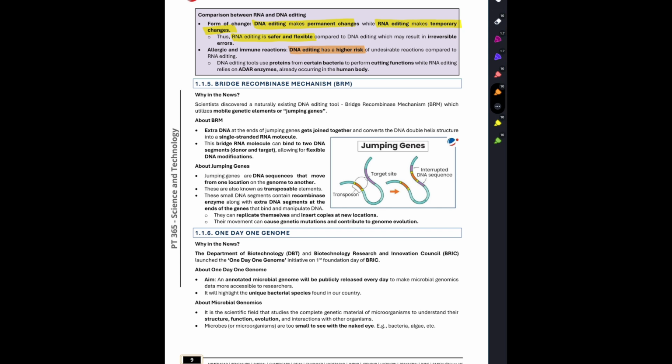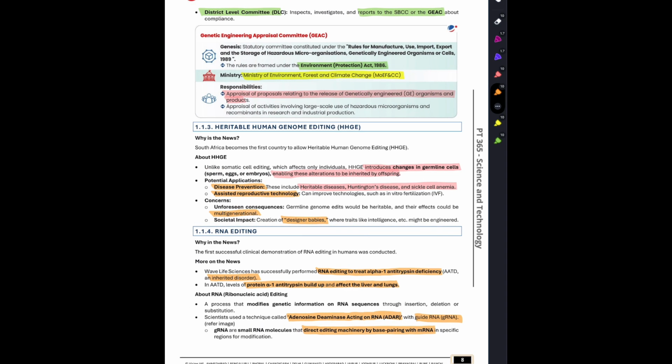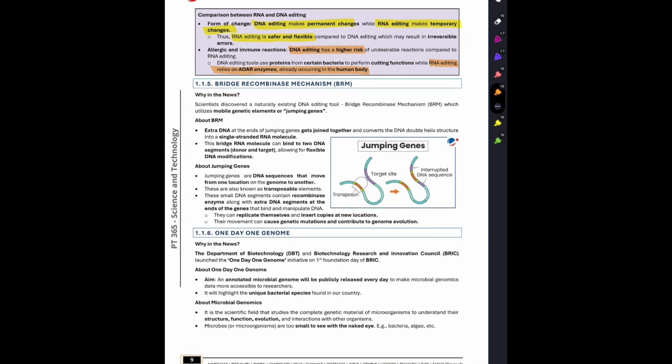DNA editing tools use proteins from certain bacteria to perform the cutting function, while RNA editing relies on the ADAR enzyme, adenosine deaminase acting on RNA, which already occurs in the human body. DNA editing tools like CRISPR-Cas9 use a protein, for example the Cas9 protein, which does not naturally occur in the human body.